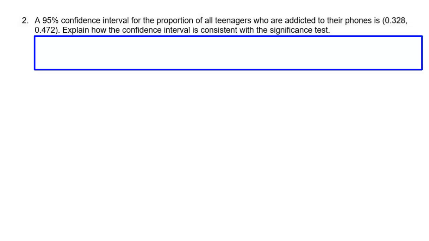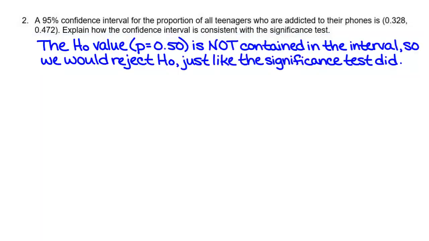Why does the confidence interval also support that same conclusion that it's not really half? What do you say? Both of the numbers are below 0.5. 0.5 is nowhere in this interval. The Ho value, 0.5, is not contained in the interval, so we would reject the Ho just like we did with the significance test.